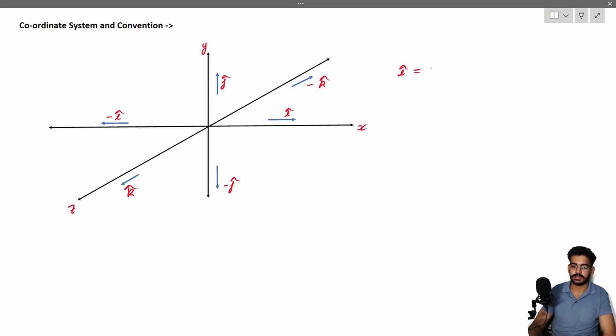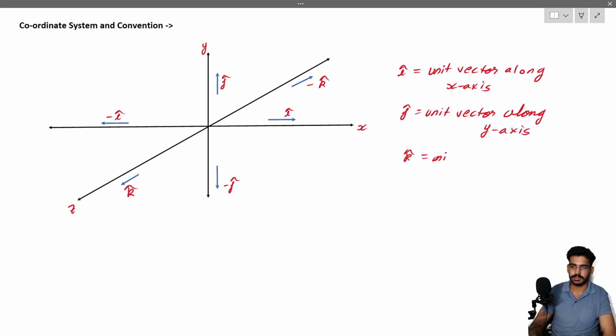I cap equals the unit vector along the x-axis, j cap equals the unit vector along the y-axis, and k cap equals the unit vector along the z-axis.